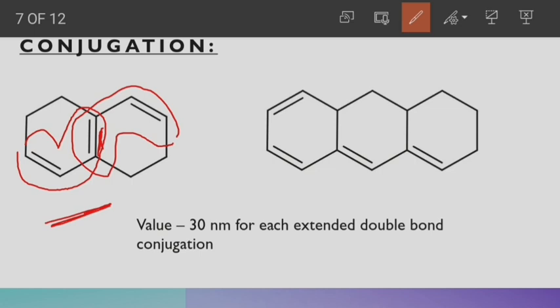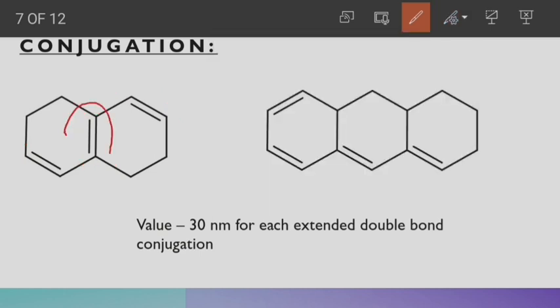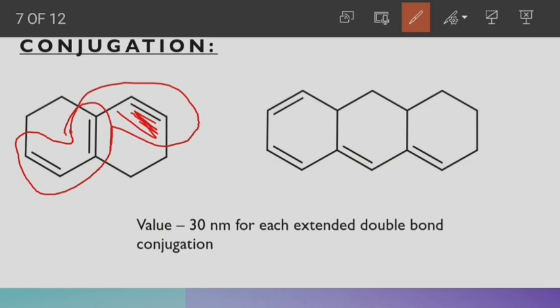So if we just take one homoannular conjugated diene, you can say this double bond extended our conjugation. So for this structure we have one double bond extending conjugation.